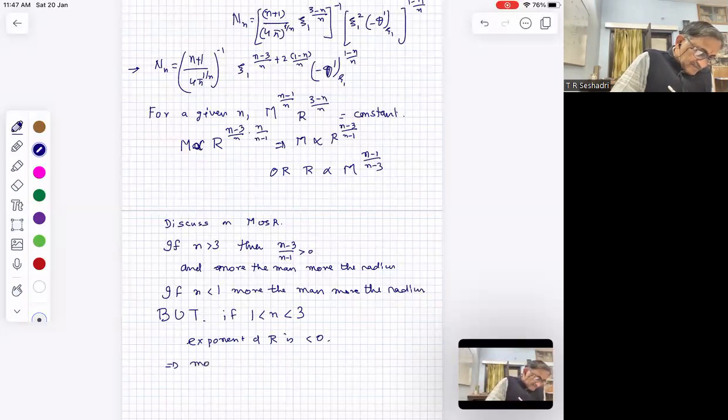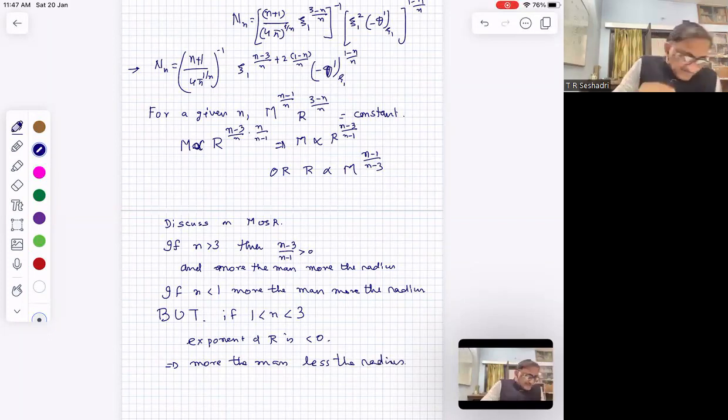Hence, more the mass, less the radius. So you understand something weird happening here? It is like saying that if I pump more mass in, the system becomes smaller.